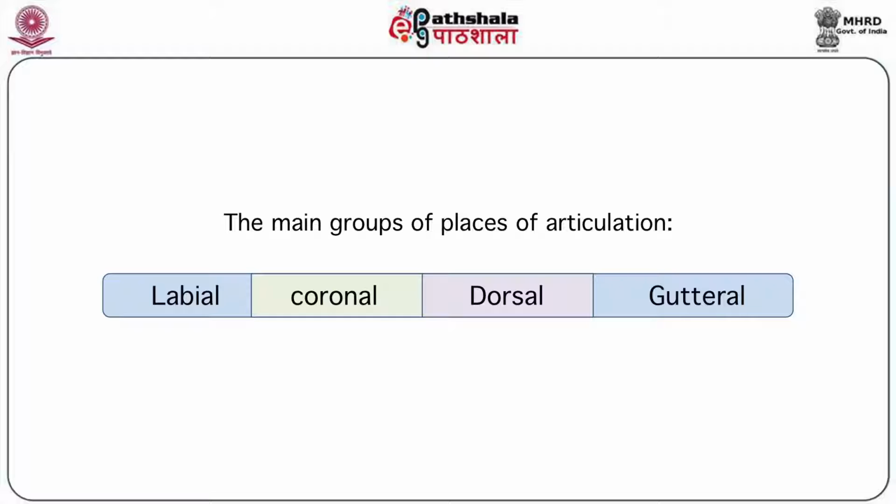Dorsal consonants are those in the production of which the front and the back of the tongue are involved, and guttural consonants are those in the production of which the root of the tongue is involved. There is a fourth group, namely labial, and together coronal, dorsal, guttural, and labial make four main groups of the places of articulation. We take a look at them one by one.